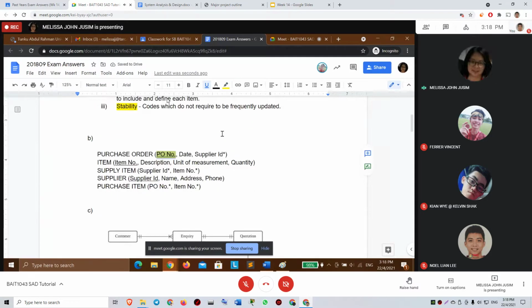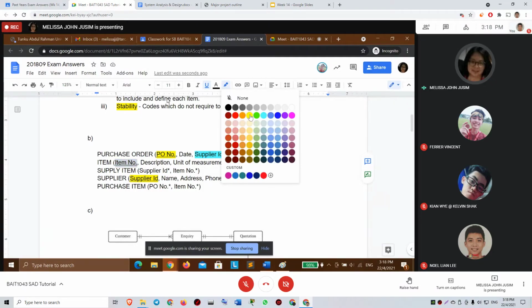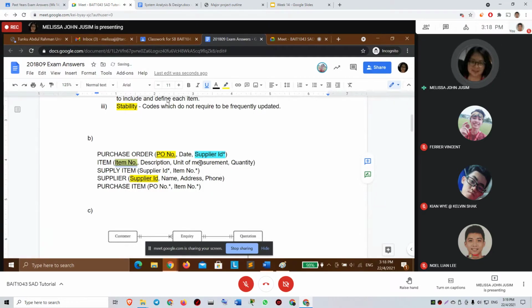Notice that we have supplier ID as our PK in the supplier table, so if you see supplier ID here, it should be FK. And for the next one, item number should be a PK. There is no other unique attribute.